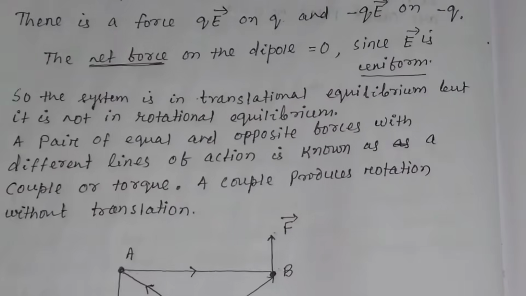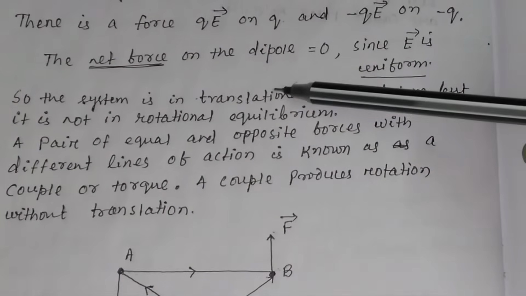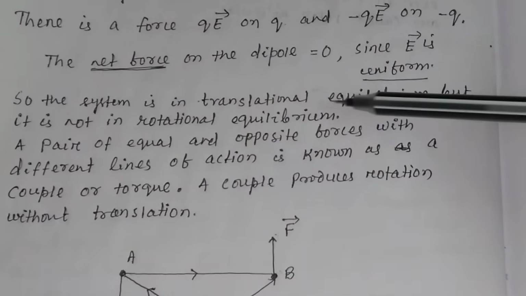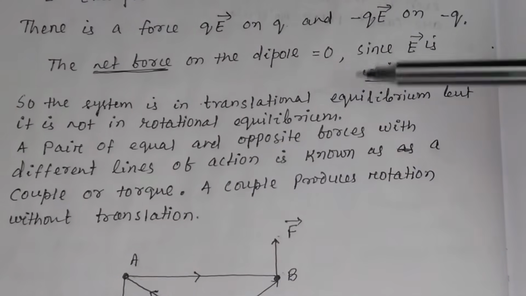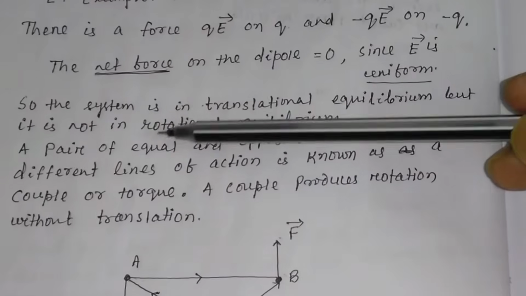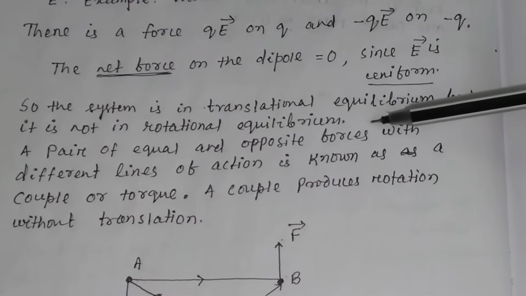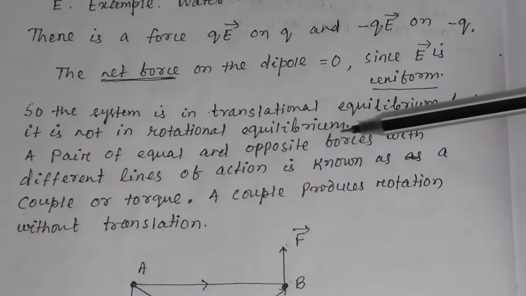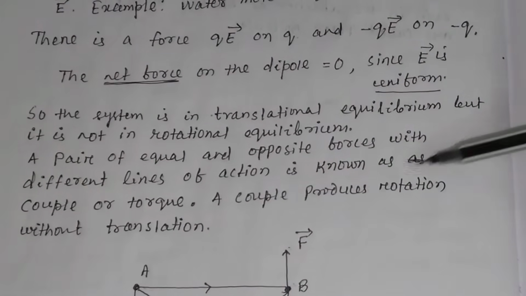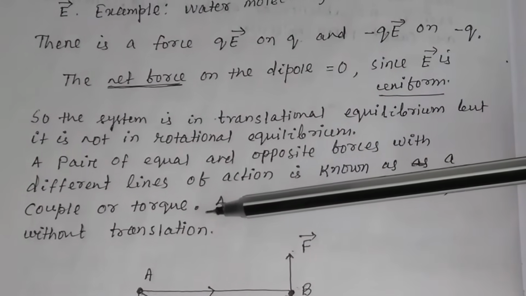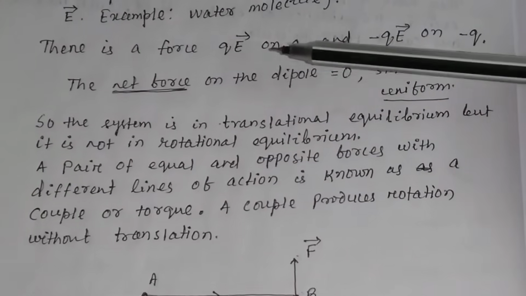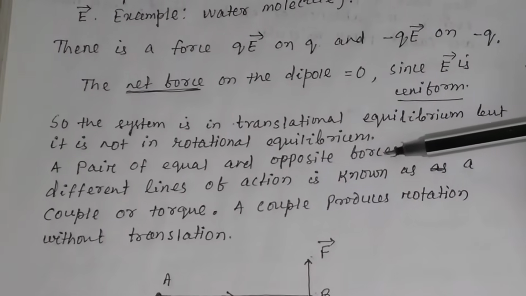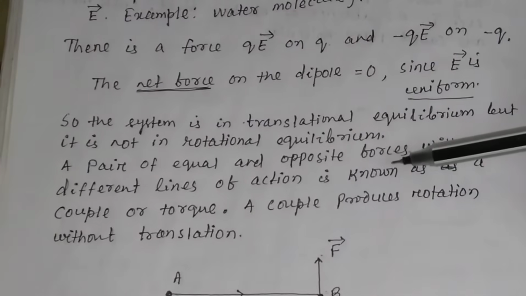If the net force is equal to 0, the dipole will be in translational equilibrium but not in rotational equilibrium, because you know a pair of equal and opposite forces with different lines of action is known as a couple or torque. So here in this dipole we also have a pair of equal and opposite forces with different lines of action.